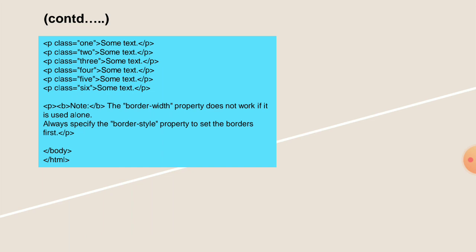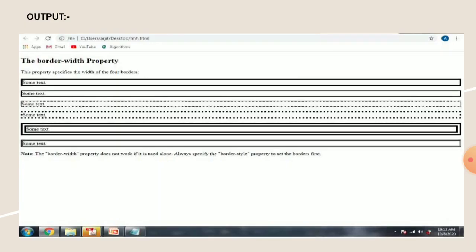The border-width property does not work if it is used alone, so always specify the border-style property to set the border first. That is a paragraph sentence. Body section close, HTML close. That's our output.